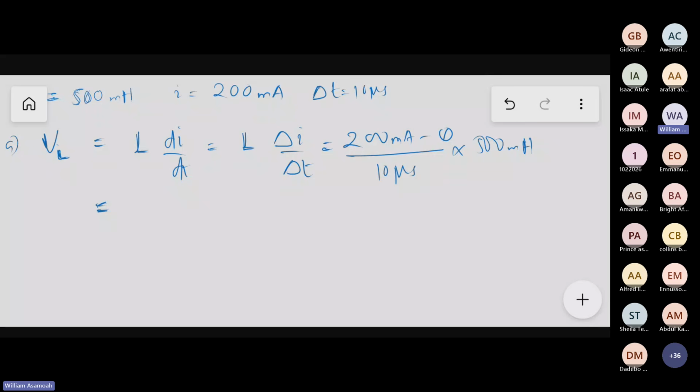What will you get? 10,000 volts. You see how huge the voltage can be if you decide to stop current suddenly across an inductor.